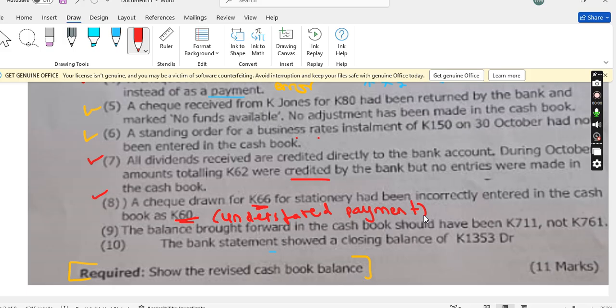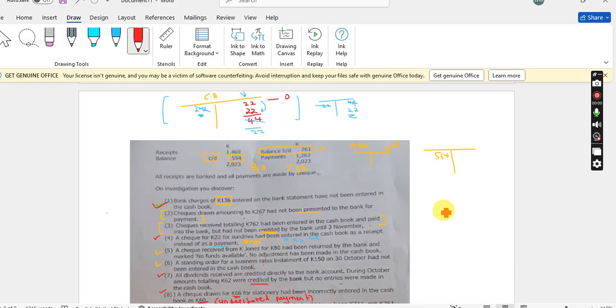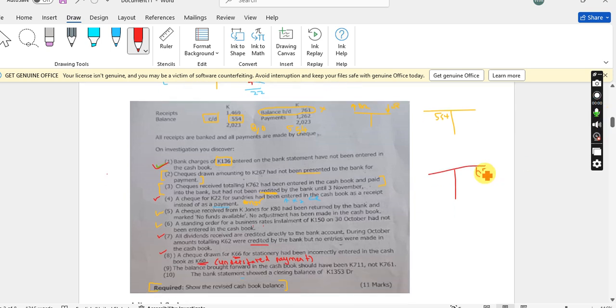So for this understated payment, on our cash book, let's see where I can draw. Okay, this is our cash book here. All right, we put 60 kwacha on the credit side here. Okay, but this is not the actual amount, it's less. So colleagues, what do we need to do to correct this?